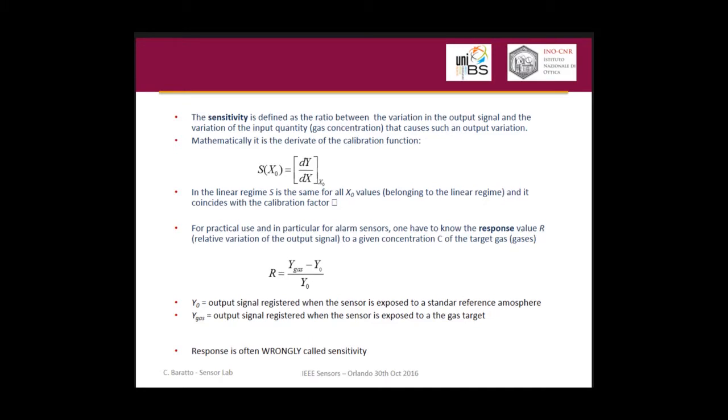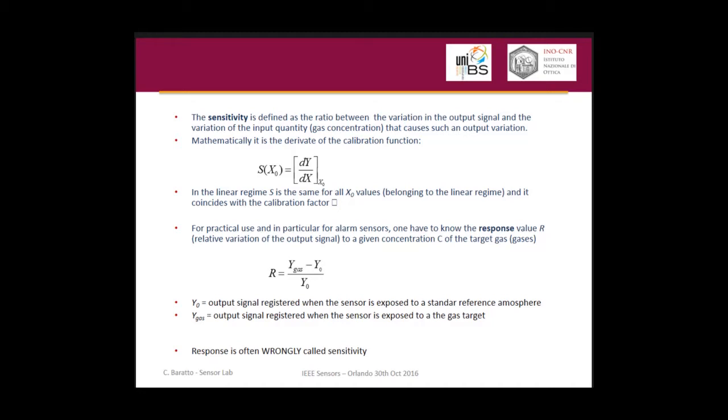And there are a few parameters that are defined. One is the sensitivity, which is the derivative of the variable that you are observing, that is in our case the resistance or the conductance of the material, over the variable you are investigating, that is the gas concentration, calculated at a certain point.